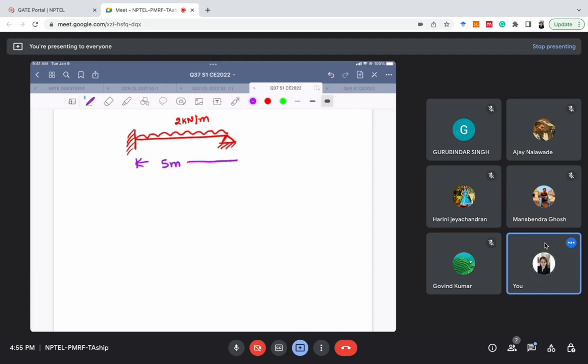This is A and this is B. Using the standard deflection formulas, I want you to find the value of the reaction at B. You can use other methods also, but since that concept is very important, standard deflection formulas are very important for GATE. So please try to find the value of RB, the vertical reaction at B, which is a roller support, using deflection formulas.